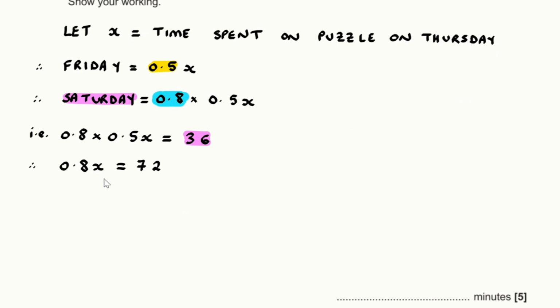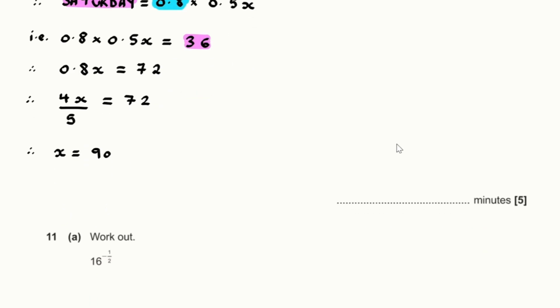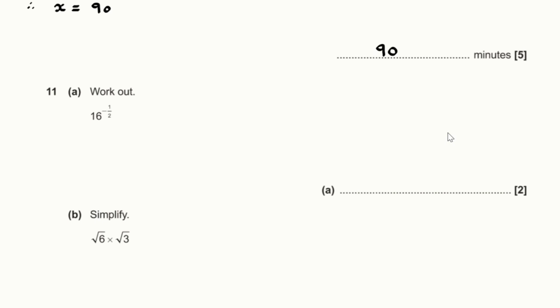And I know that 0.8 is the same as 4/5. So therefore, 4x over 5 equals 72. If I divide through by 4 and multiply by 5, then you will find x to equal 90. So the time she spent on Thursday, we've got 90.